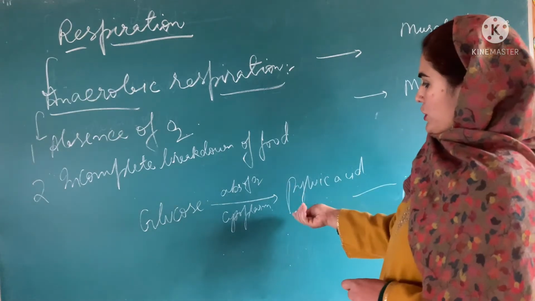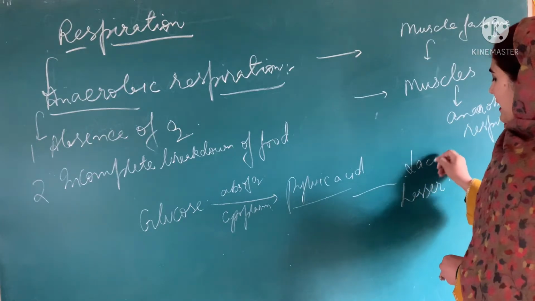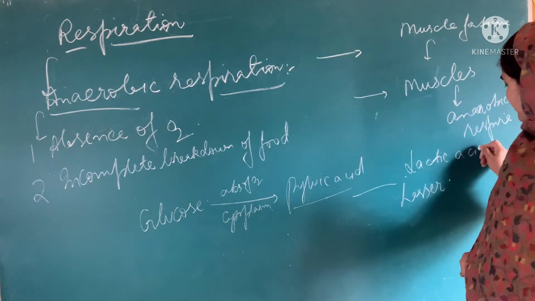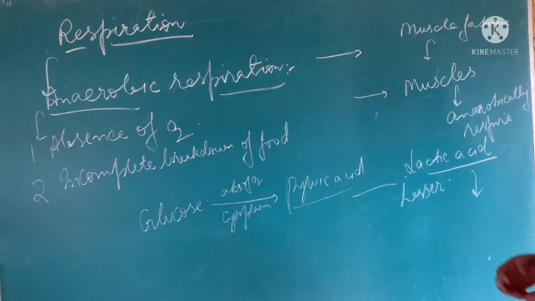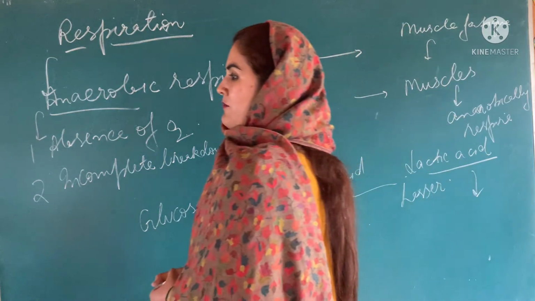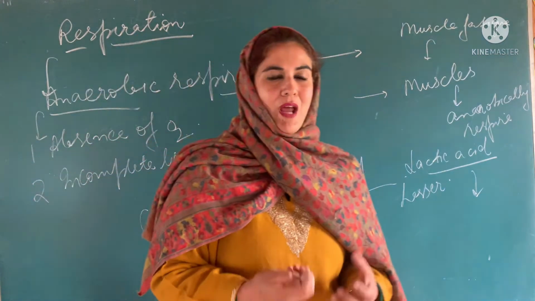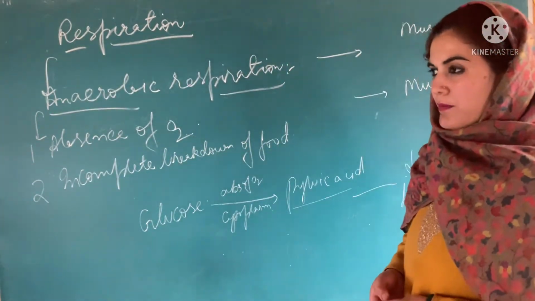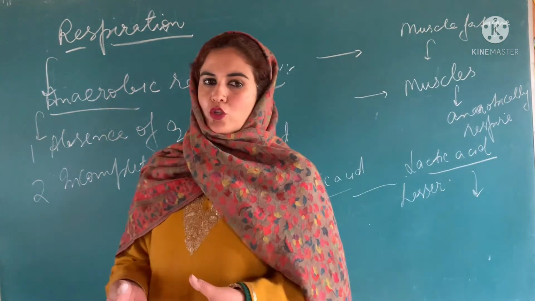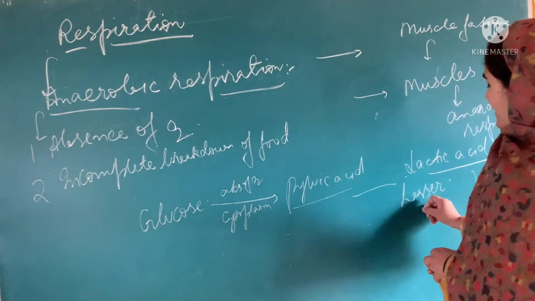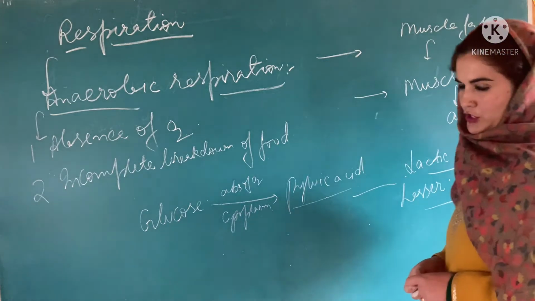Glucose in the absence of oxygen is broken down into pyruvic acid, and further it's broken down into lactic acid. The accumulation of lactic acid in our muscles leads to muscle fatigue, also known as muscle cramps. If you have run fast or done brisk walking, you get cramps in your muscles. This happens because of this incomplete breakdown of food, which is anaerobic respiration.